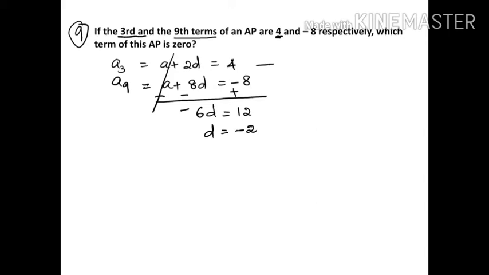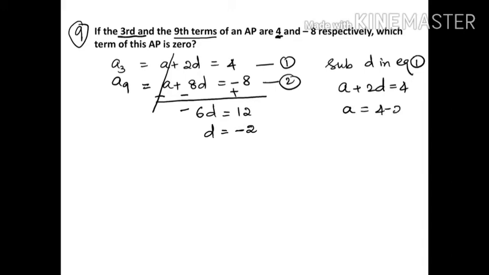Substitute the value of d in equation 1. We get a equal to 4 minus 2d, which is equal to 4 minus 2 into minus 2, and that gives us 8.